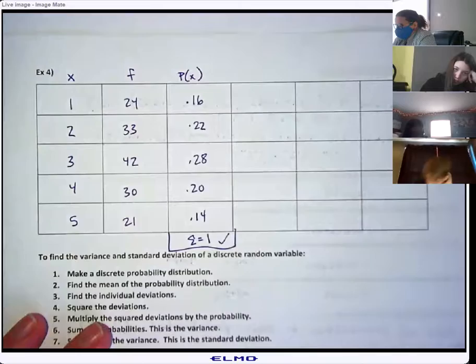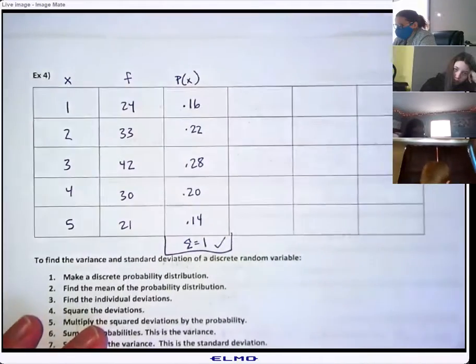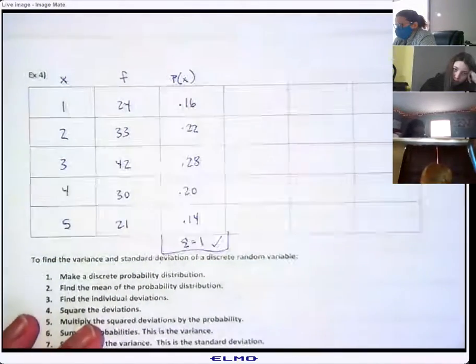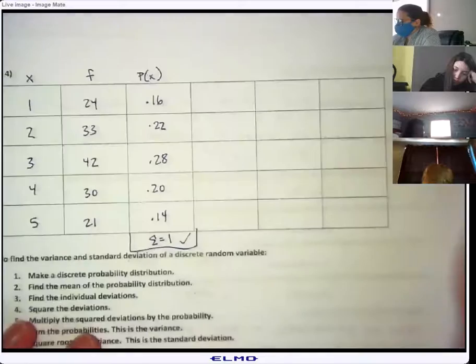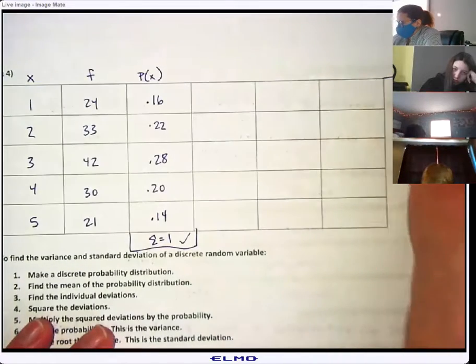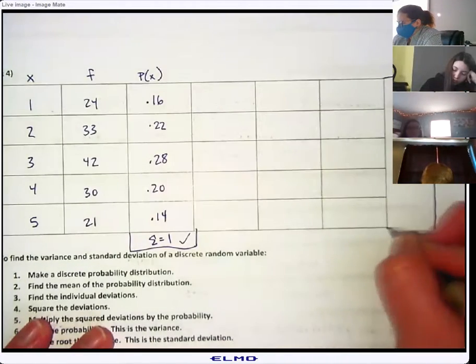Okay, so to find the mean, I probably should have another column on here for the frequency, my bad, so you just have to add that in.